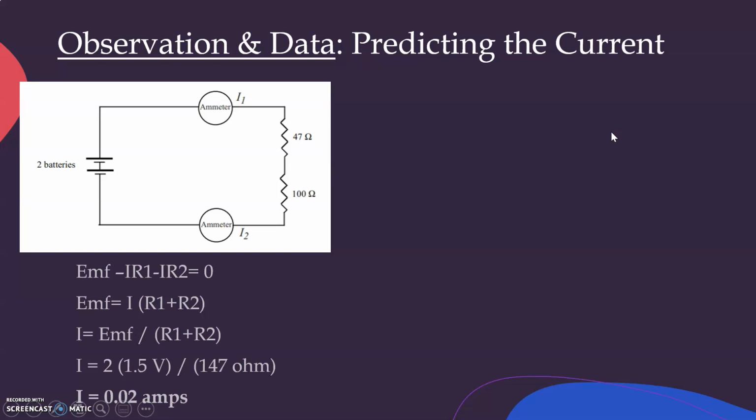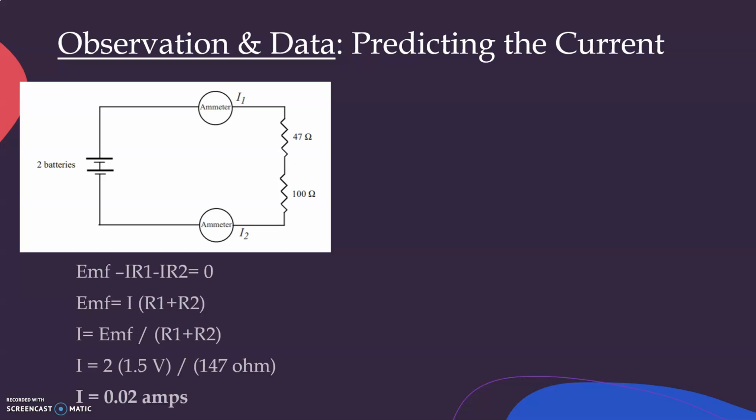The first thing I did during this lab was predict the current of this circuit with two resistors in series and a battery, or two batteries. Using the loop rule, which comes from the conservation of energy, this circuit round trip should have a change in electric potential of 0.